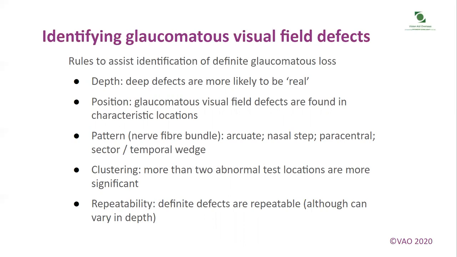Nerve fibre bundle. Arcuate. Nasal step. Paracentral. Sector or temporal wedge. Clustering. More than 2 abnormal test locations are more significant. And repeatability. Definite defects are repeatable, although they can vary in depth.